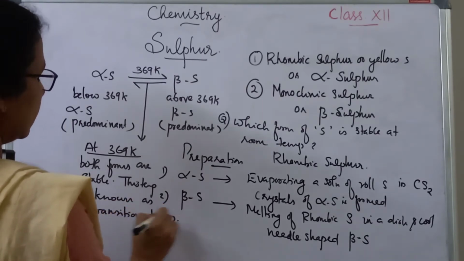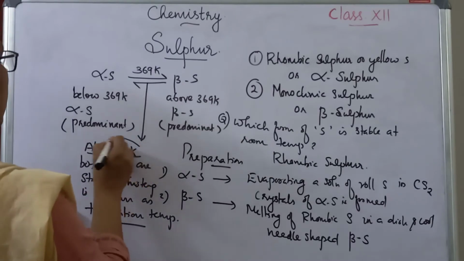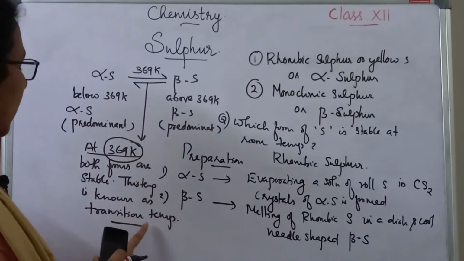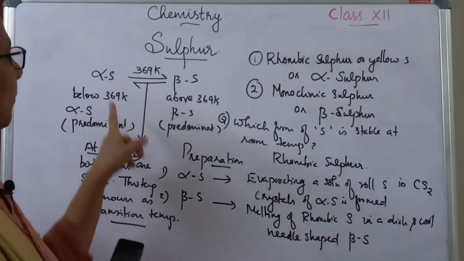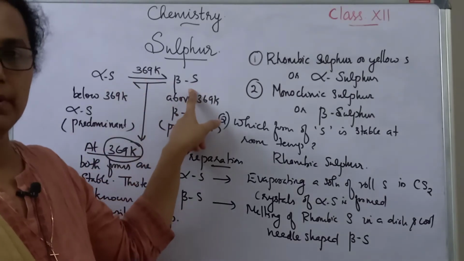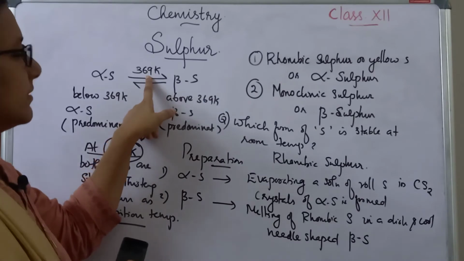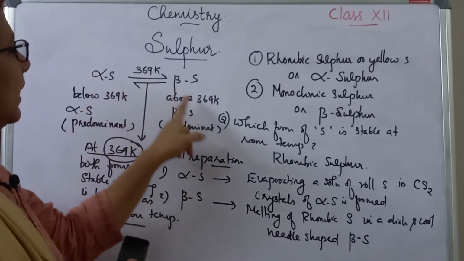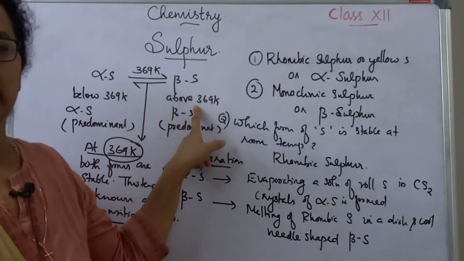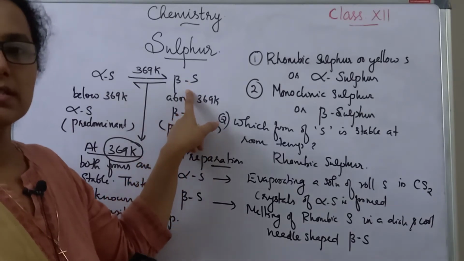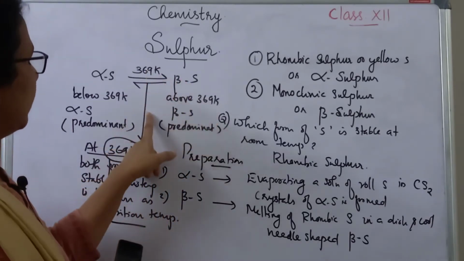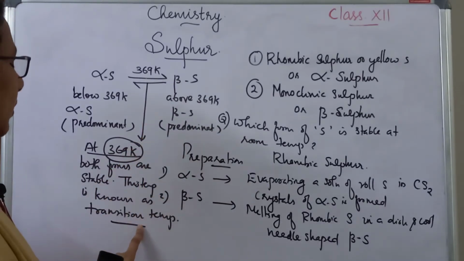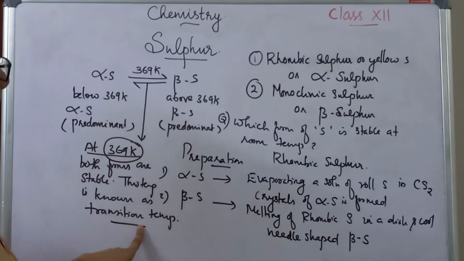So the transition temperature in this case is 369 Kelvin. At the transition temperature, both forms are stable. But below 369 Kelvin, alpha sulfur is stable, and above 369 Kelvin, beta sulfur is stable.